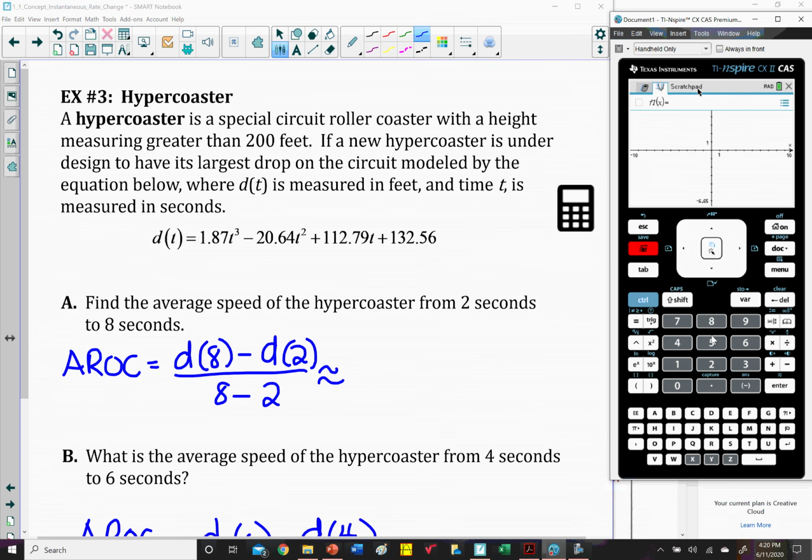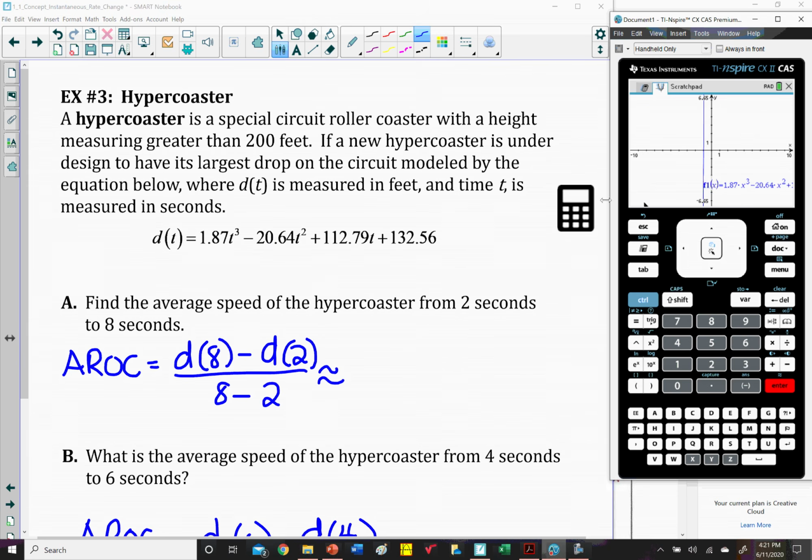And if we have a hypercoaster under design, we're going to put this function into our calculator here: 1.87x^3 - 20.64x^2 + 112.79x + 132.56. Okay, and we want to find the average speed of the hypercoaster from 2 seconds to 8 seconds.